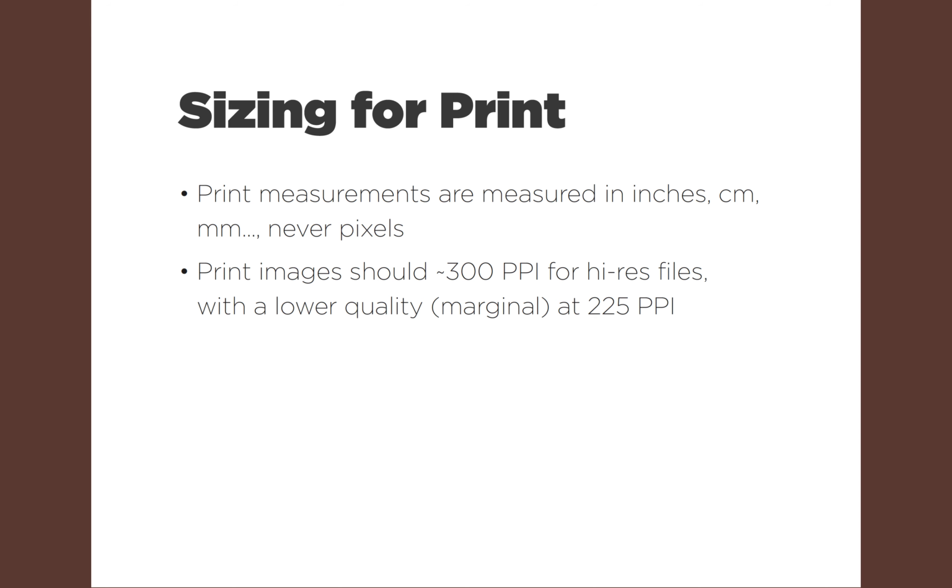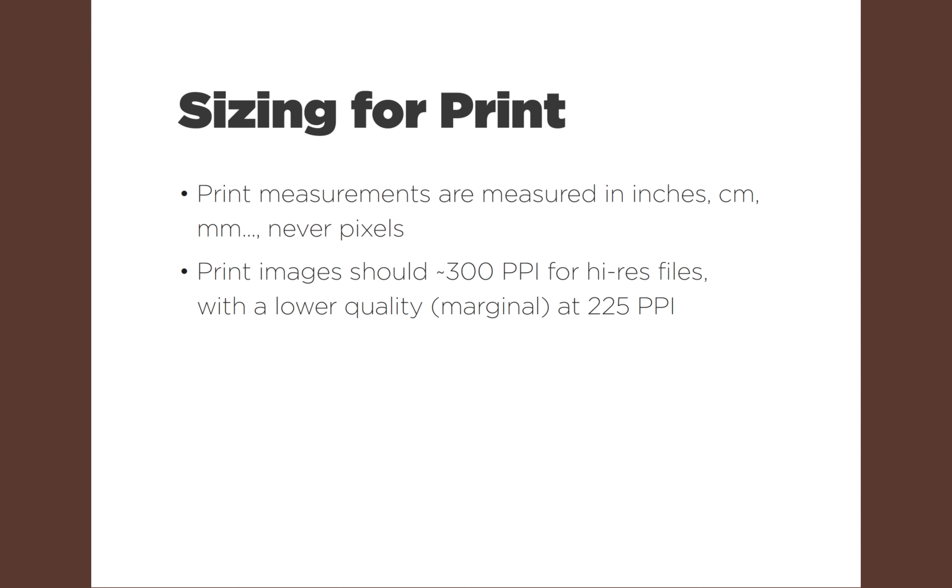Now, when it comes to sizing for print, images should be around 300 pixels per inch. We call this a high-res file. We call web images low-res file or low resolution. So 72 pixels per inch is for the web, considered low resolution. 300 pixels per inch is high resolution that we use for print.